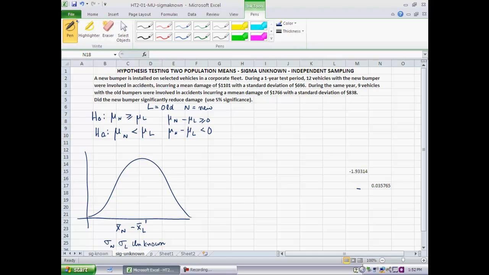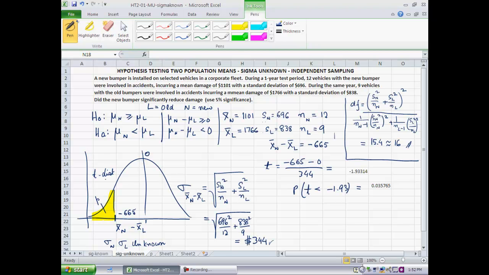Physical interpretation of this 0.035 is the following. That is, if the null were true as an equality, there is only a 3.5% chance that I would be seeing a sample statistic of minus $665 or less. Okay? So since I'm willing to accept a 5% chance of making the wrong call, this 3.5% is below my threshold.